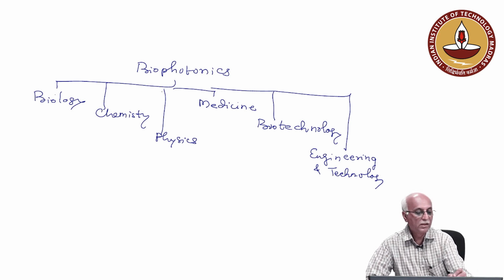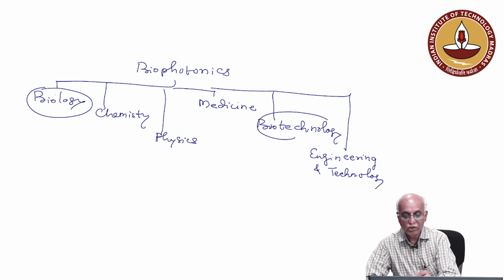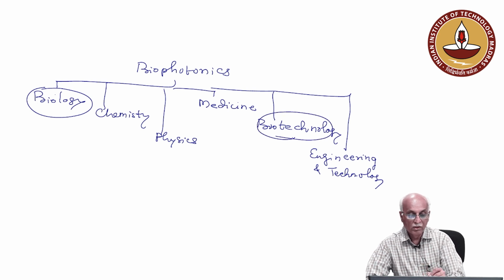Photons will interact with cells, tissues, some organs, etc. So biology, biotechnology, etc. come into the picture, depending upon the photon energy. Aspects related to chemistry or chemical reactions, other chemical activities, can be controlled.